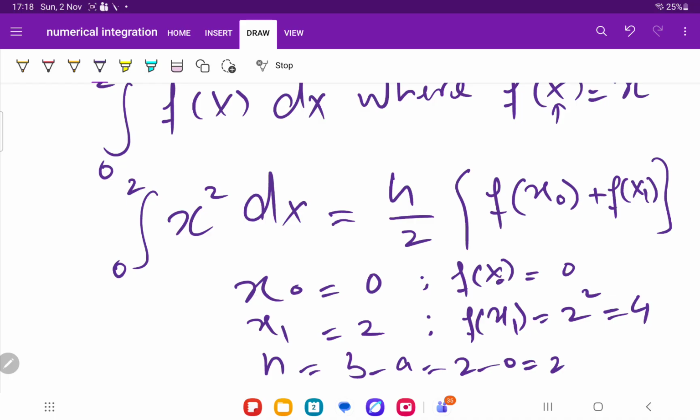Okay, so we got all the terms ready. Now we could simply put all the values inside the formula.